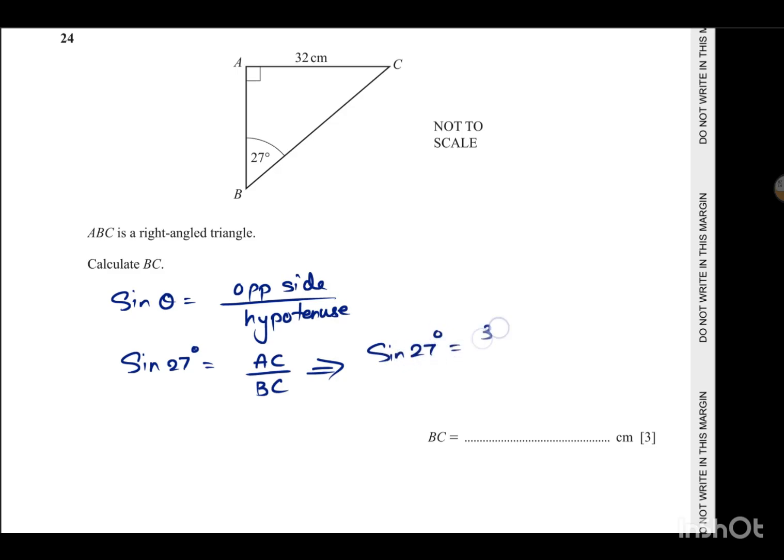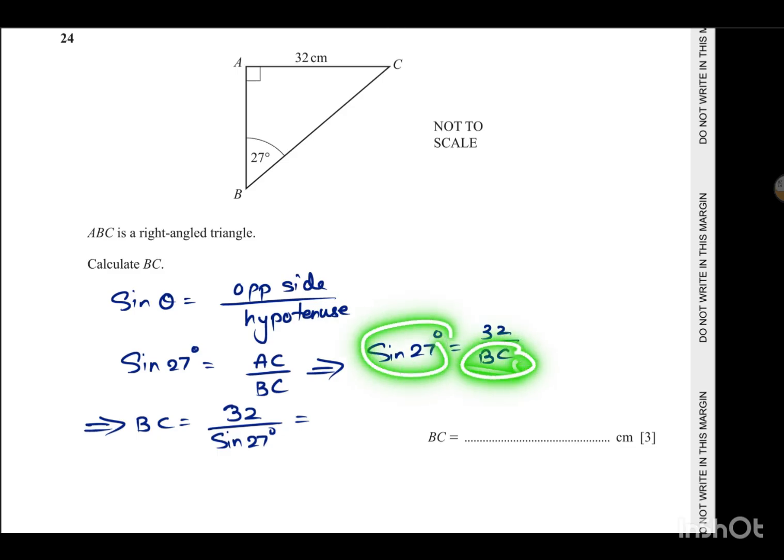Then when you bring BC to the left hand side, sine 27 will go in place of BC. Just interchange these values whenever you are doing such kind of question. If you need to find BC, just bring BC here and bring sine 27 here. That's it.